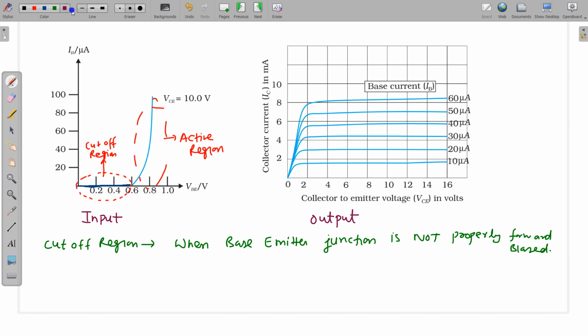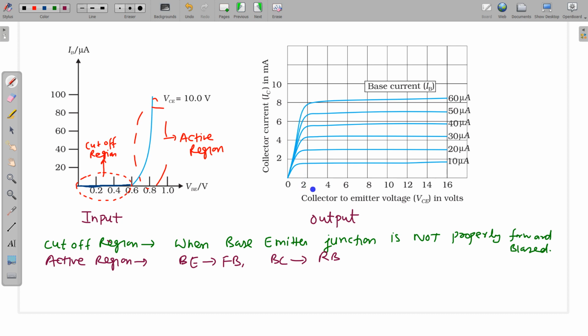So what do we mean by active region? When it operates in the active region, the base emitter junction is properly forward biased and the base collector junction is properly reverse biased. If proper biasing is done, then the transistor is said to be operating in the active region.